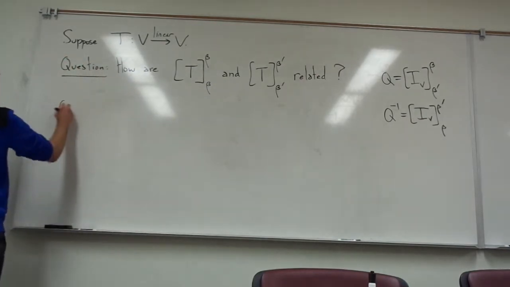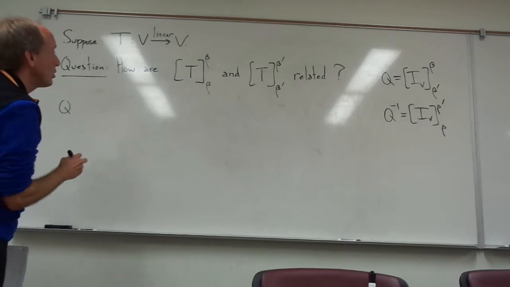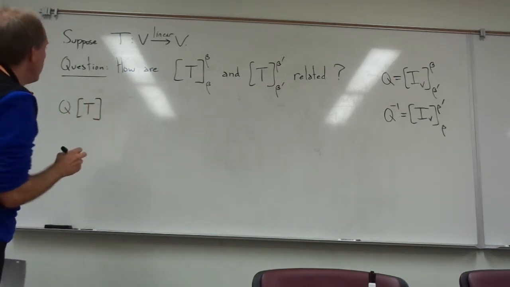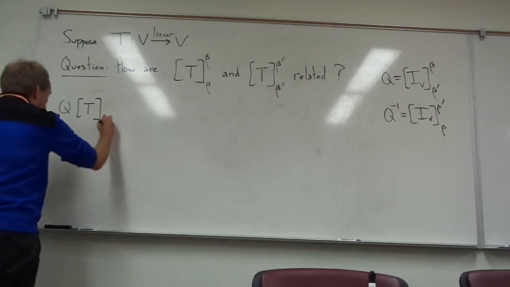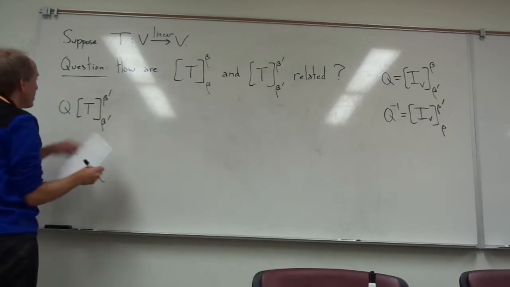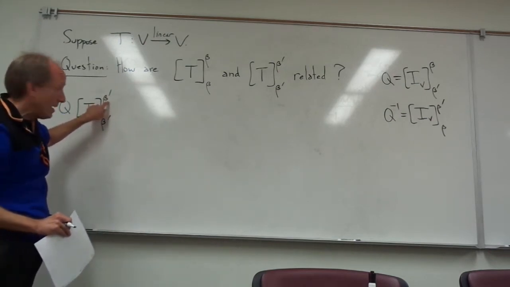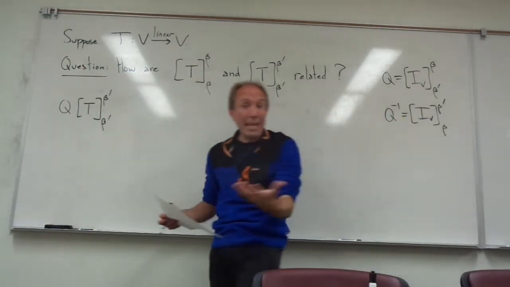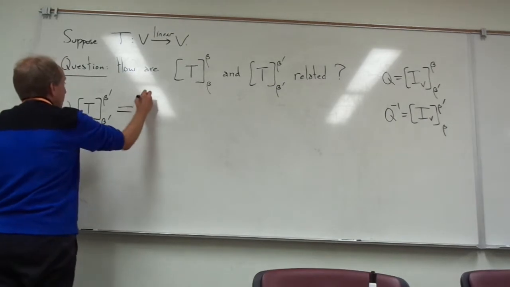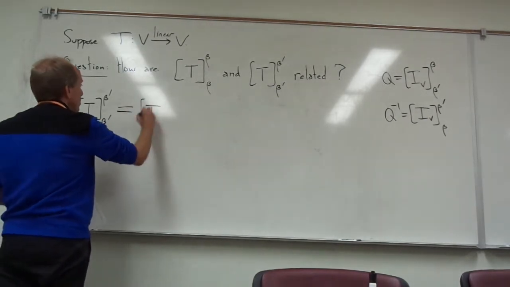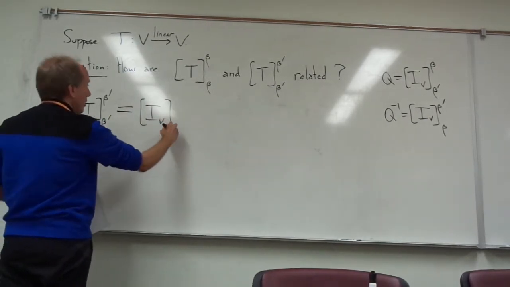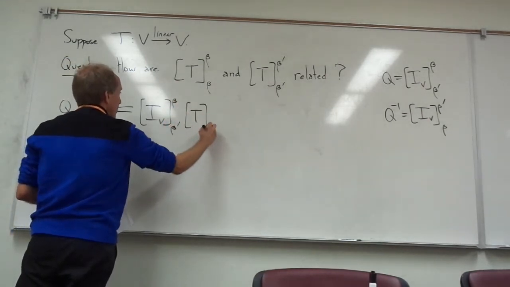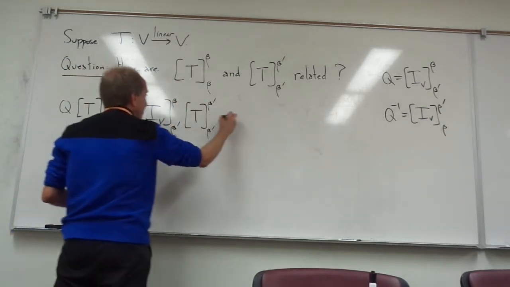I want to start with Q, and I want to multiply it by the matrix representation of T relative to beta prime. That's what I meant to do. Because this upper basis has to match the lower basis on Q for it to make sense, right? We're going to be multiplying these matrix representations here. So I sub V from beta prime to beta, and then times T from beta prime to itself.